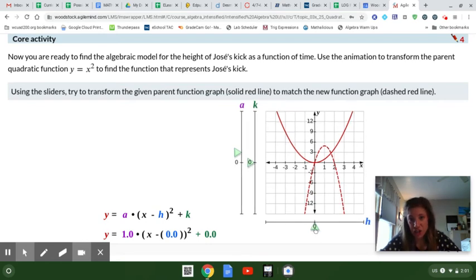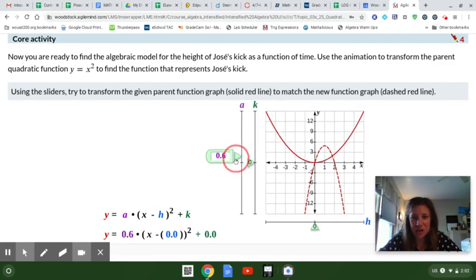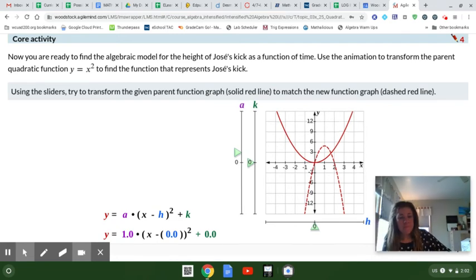So I am actually going to, no, we'll leave it exactly where it was. A of 1 is my default, and there is a K and an H. So really what this is wanting us to do is match up this graph to what is, actually, flip back to page 271 in your work.